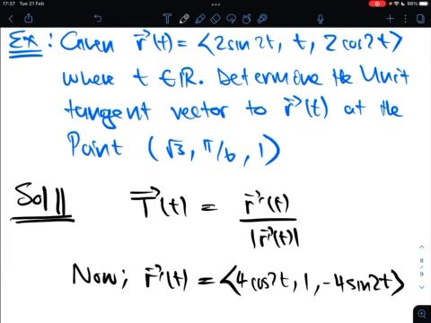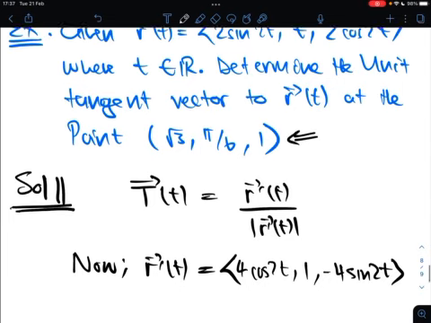Now, what exactly are we trying to find here? We want to find the unit tangent vector at that point. But let's look exactly at what this information is trying to tell us. You see, what exactly are we obtaining from here?